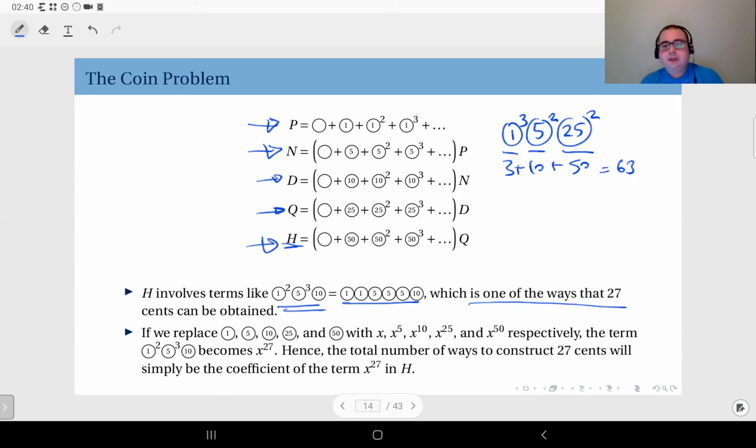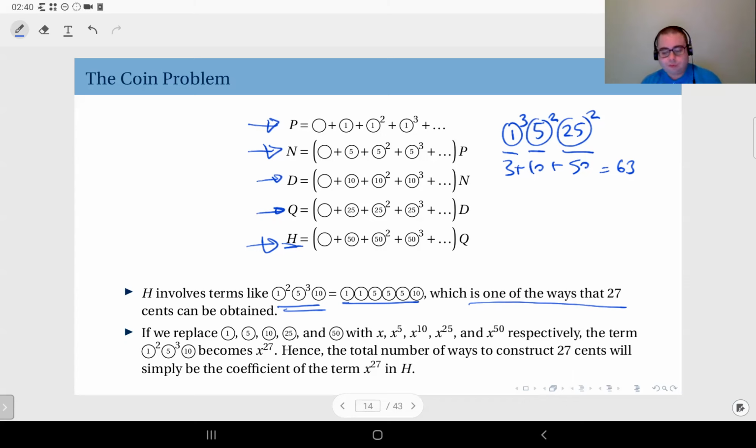Okay, so how is this going to help me? Remember the question: what I am trying to find is the number of ways to construct 50. But these lists have the ways for every amount, not only 50.